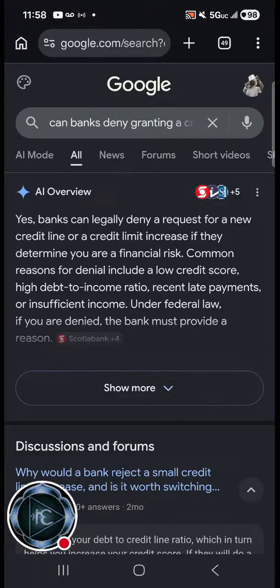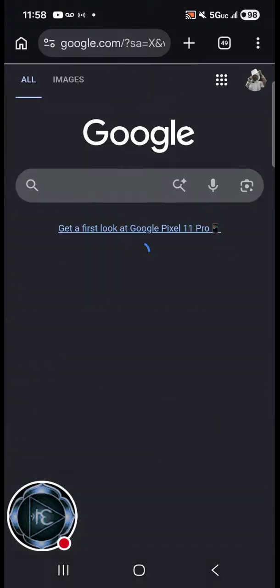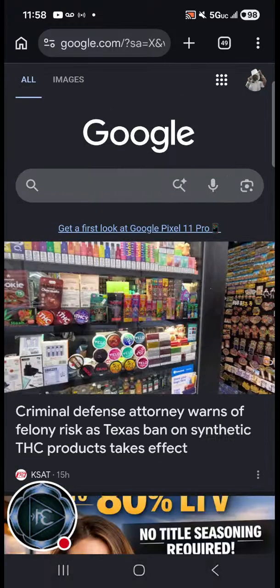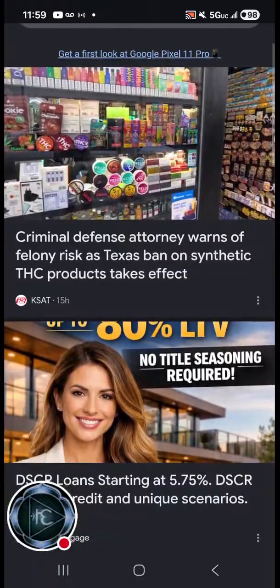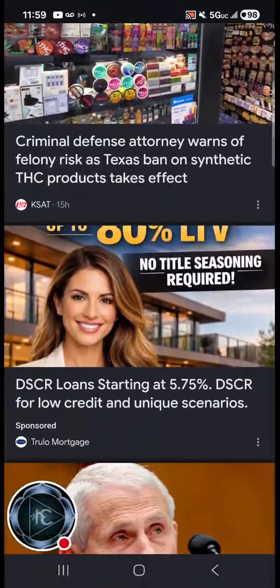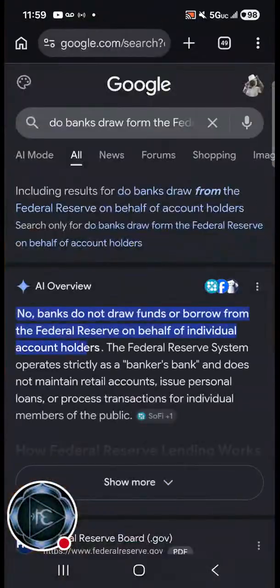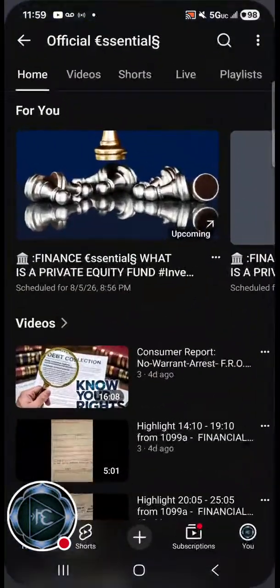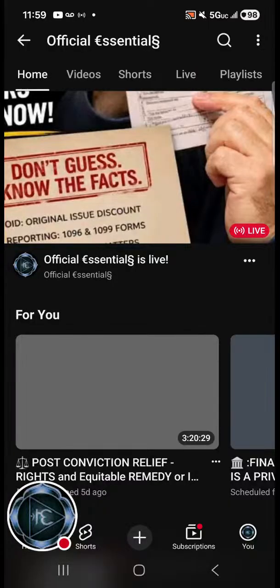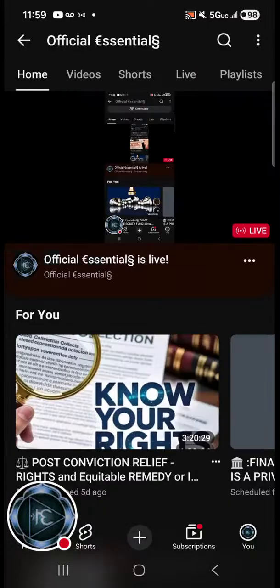Okay? And so how the AI is wording it, how they would relay that information to you, is different from how you would ask the question.